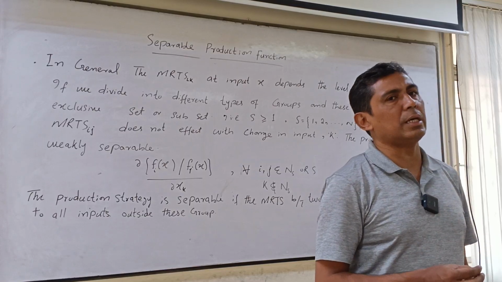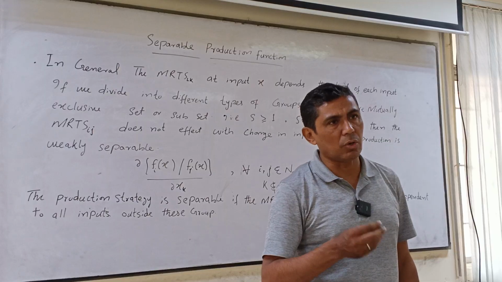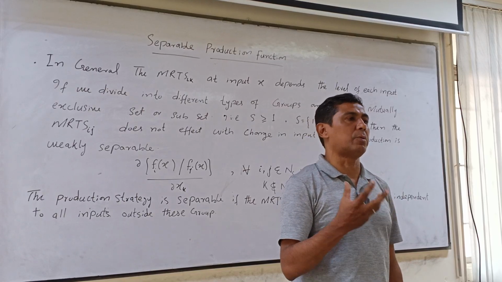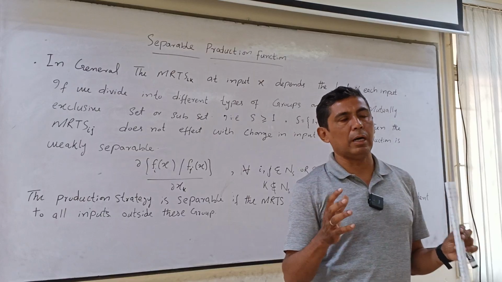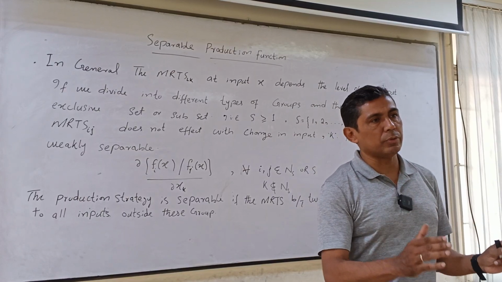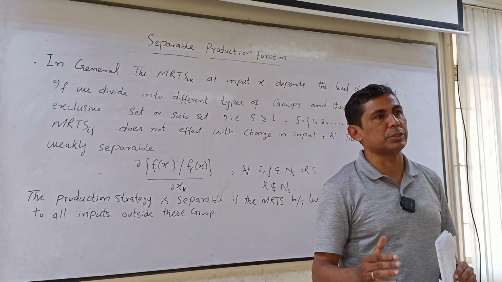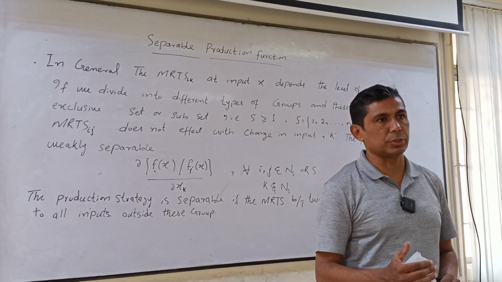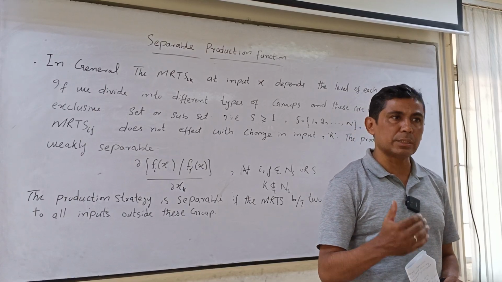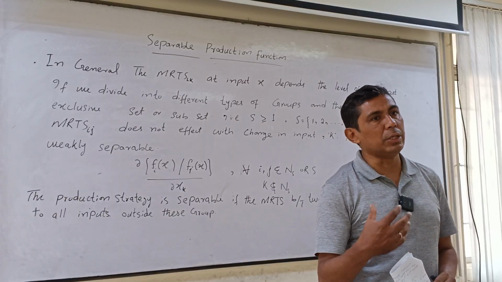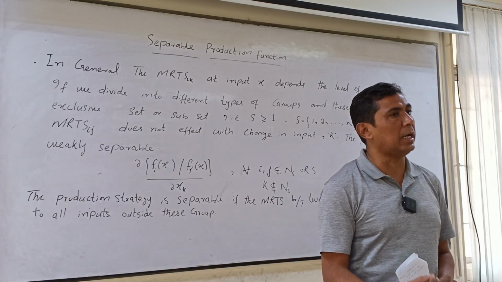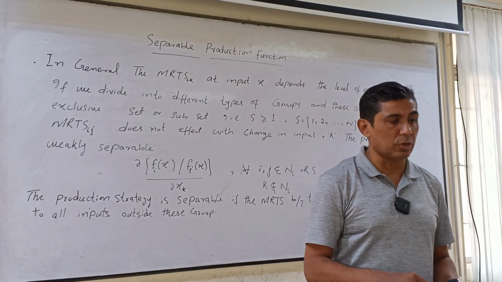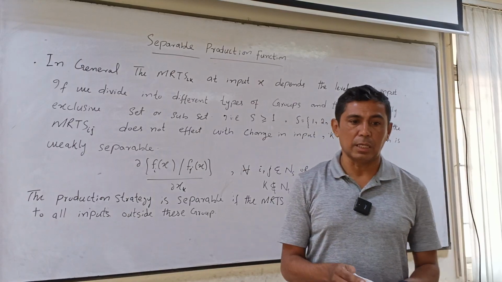That concept we also discuss in production theory. On the basis of the CES production function, we derive the Cobb-Douglas production function, the linear production function, and the Leontief or complement production function. Clear? So today we will calculate the elasticity of substitution with respect to the Leontief, Cobb-Douglas, and CES production functions. First of all, we move towards the elasticity of substitution. Then we will discuss the elasticity of scale.